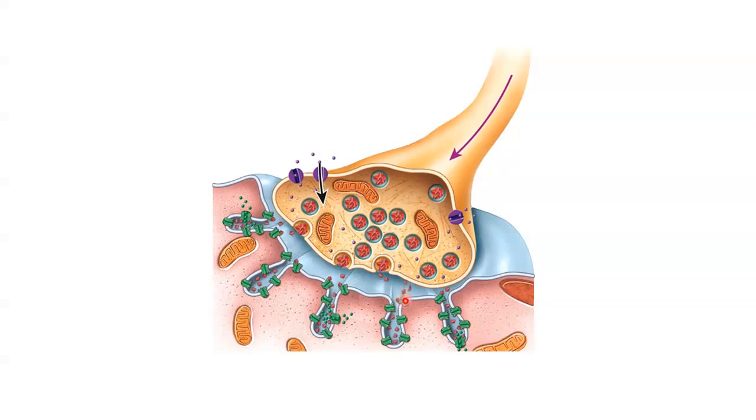Typically, our neurotransmitters will bind to ligand-gated ion channels on the surface of that postsynaptic cell, which then allows for the continuation of an action potential.